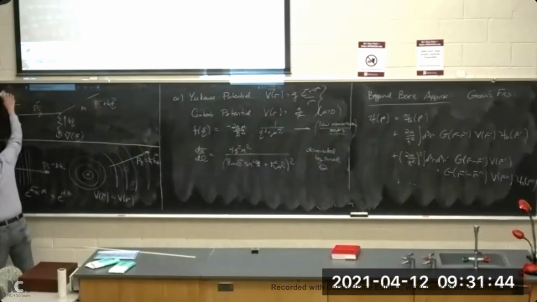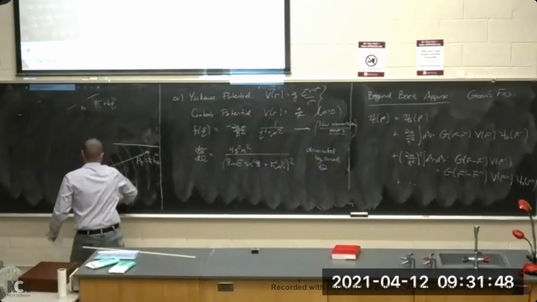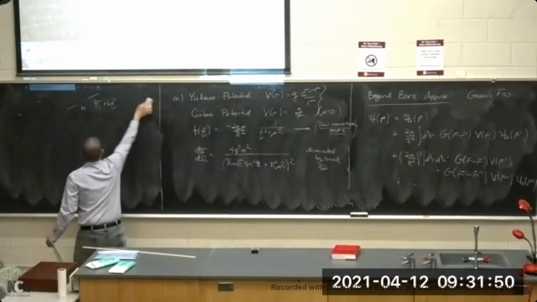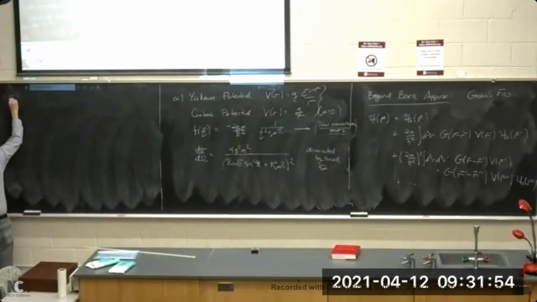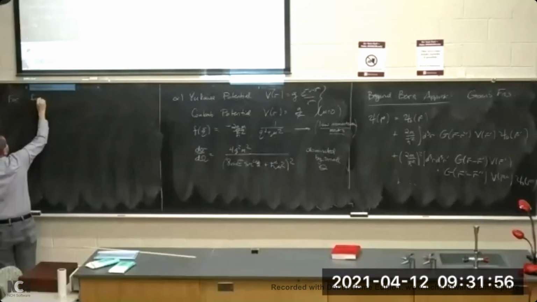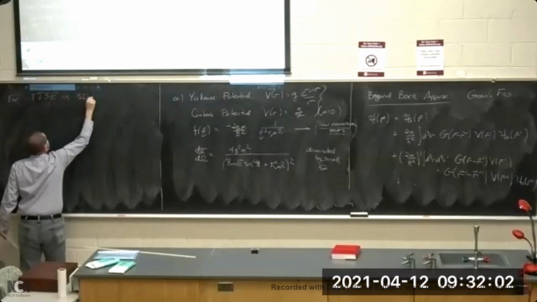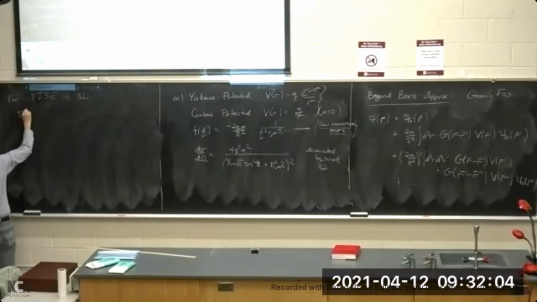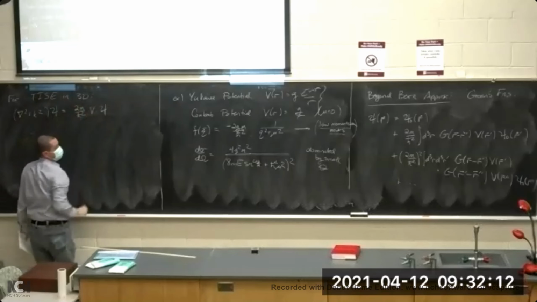The last thing we did last class was to find what that Green's function is. For the free particle, and actually not even the free particle, for the time-independent Schrodinger equation in 3 dimensions. We wrote that equation as Laplacian plus k squared, psi equals 2m over h bar squared V psi.